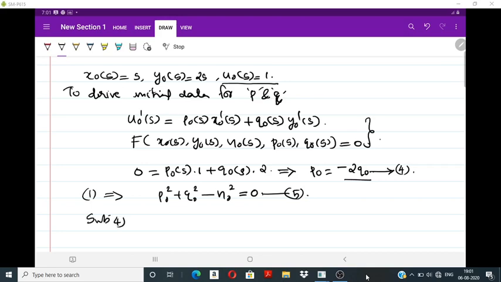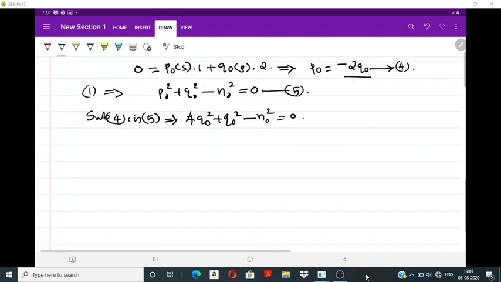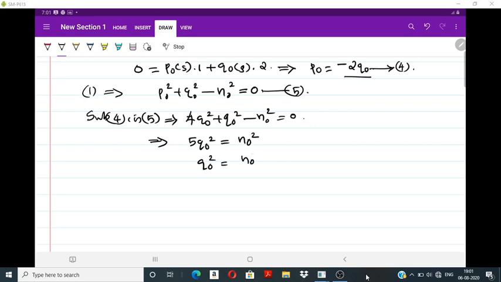P naught square means 4 Q naught square, plus Q naught square minus U naught square equal to 0, which implies 5 Q naught square equal to U naught square, or Q naught square equal to U naught square by 5, or Q naught is equal to plus or minus U naught by root 5.